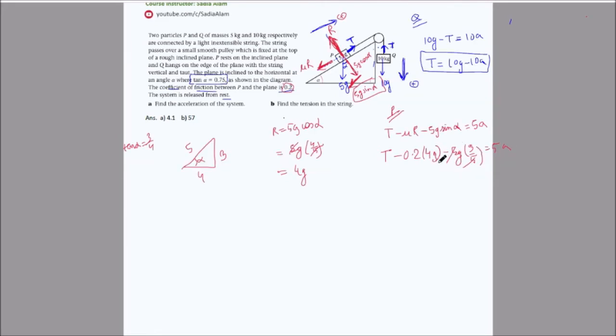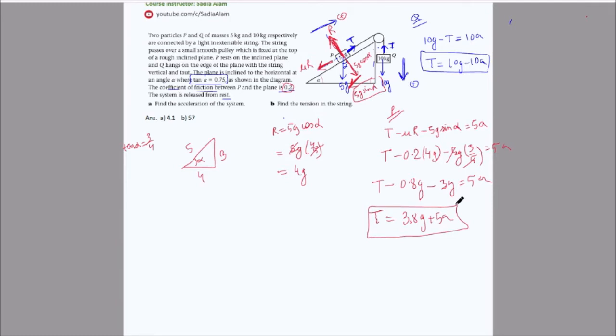If you cancel out 5, we will get 0.8g minus 3g equals 5a. From here you will get the second equation, T equals 3.8g plus 5a. That's your second equation.